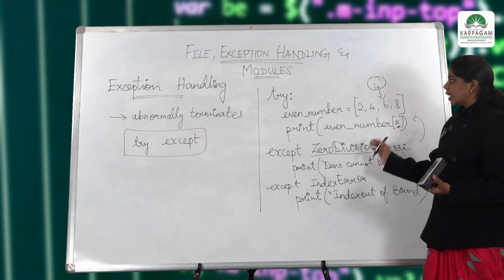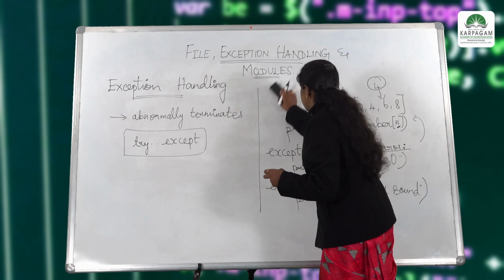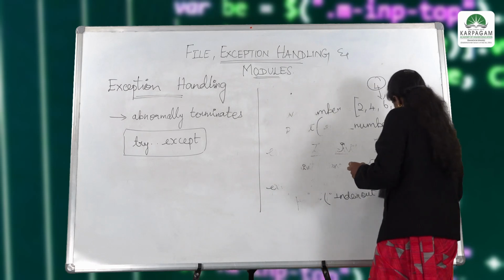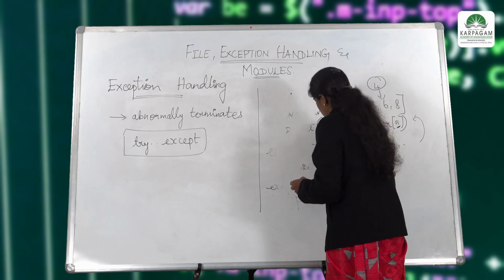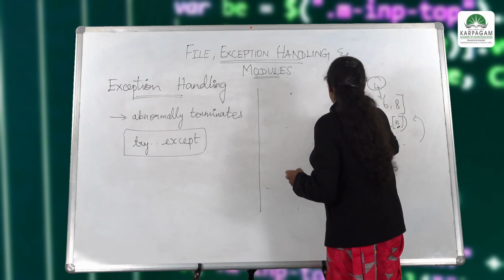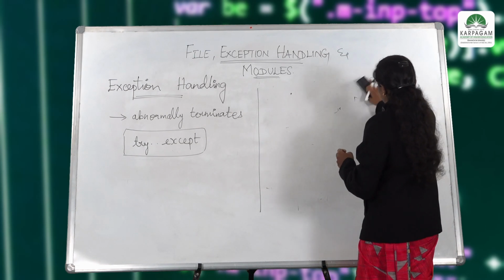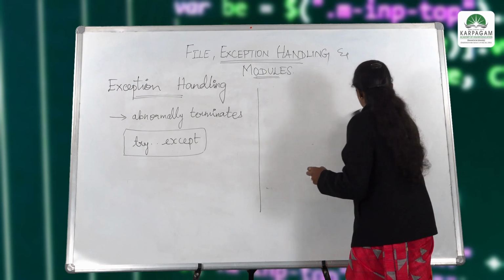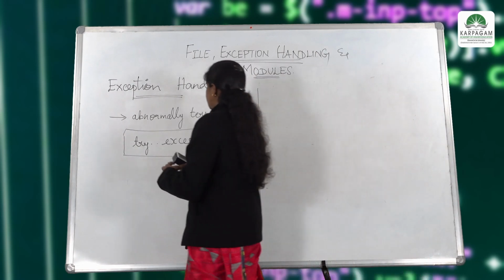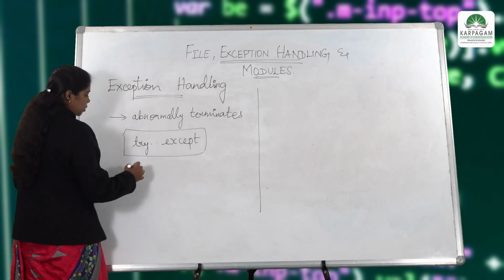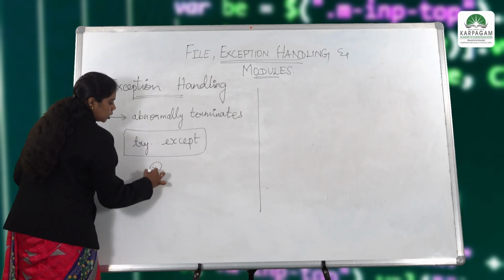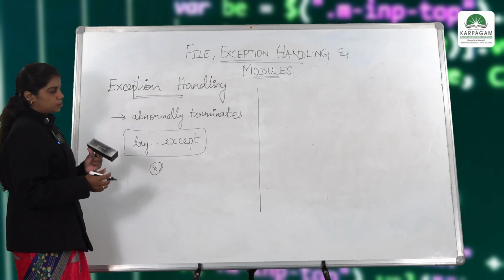Like this, we can create n number of except blocks. Try a few more examples. For exception handling, try except is very important to find the n number of exceptions.